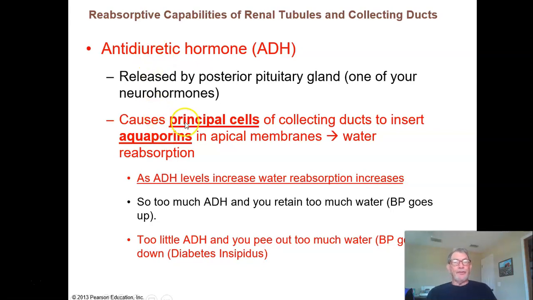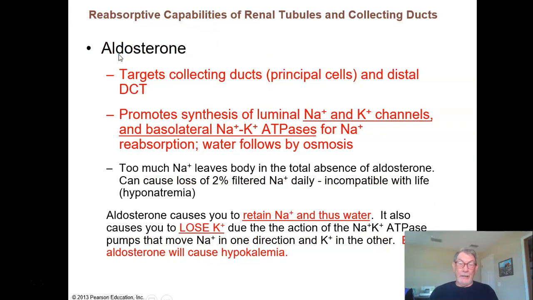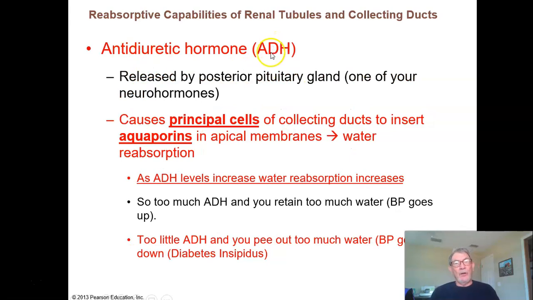So, these cells in the distal tubule and primarily the collecting ducts are called principal cells. They have tons of aquaporins and sodium potassium pumps and things like that that can be stimulated by antidiuretic hormone and aldosterone and parathyroid hormone and the like. Antidiuretic hormone in particular causes aquaporins to be activated.